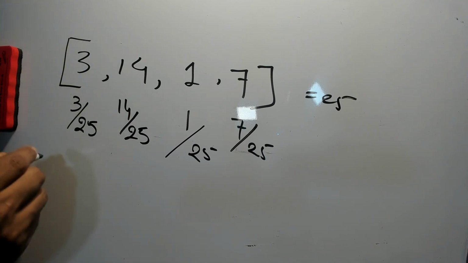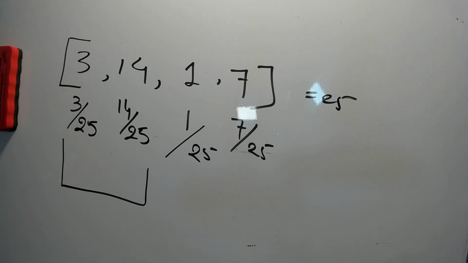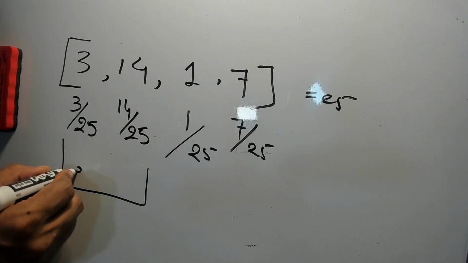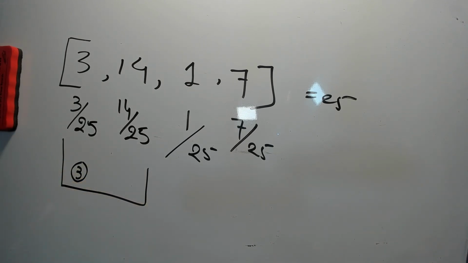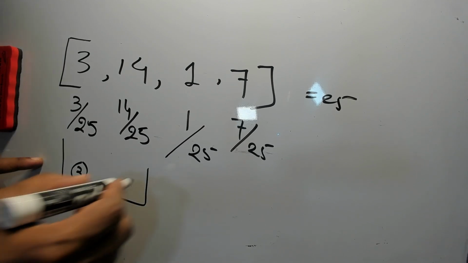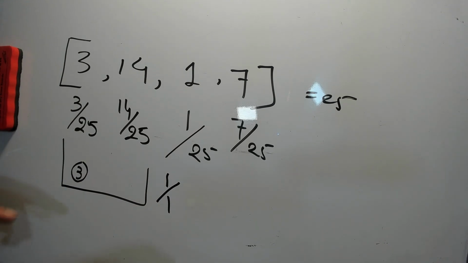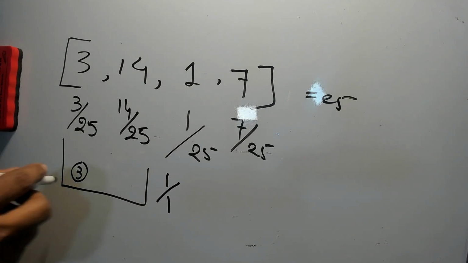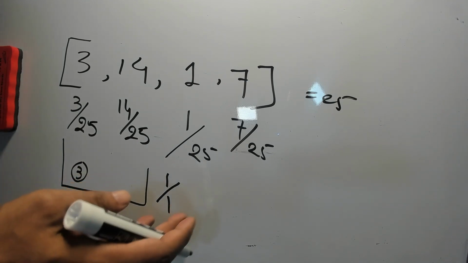Then consider a box that has a number 3 and there is no other item. What will be the probability of getting 3 out of this box? That will be 1 by 1, right? Because there is one coin and the total number of coins is 1.